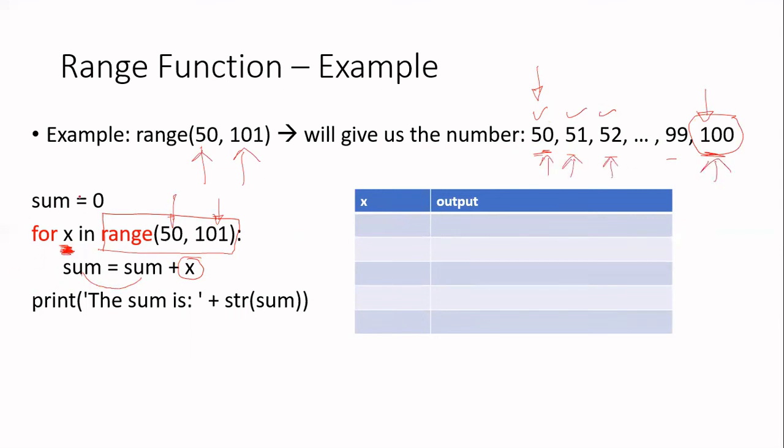It's accumulating it. You should know that when you have an accumulator, you set your accumulator to 0 before you start accumulating. And this print statement is not inside the for loop.